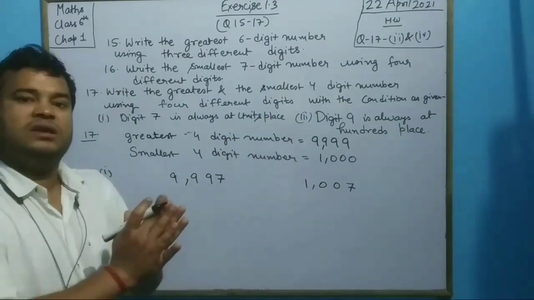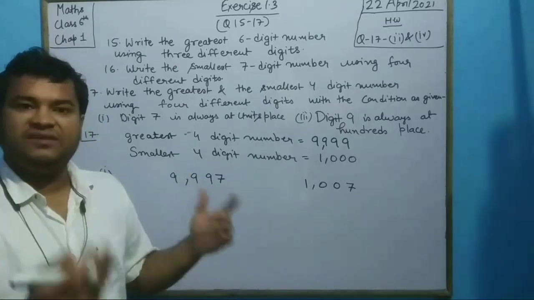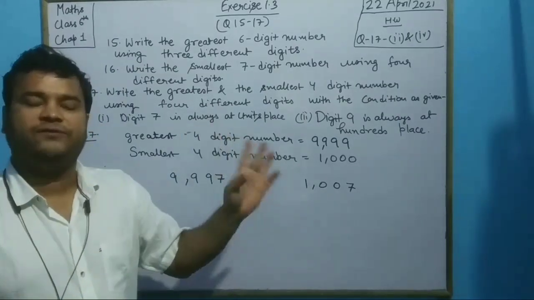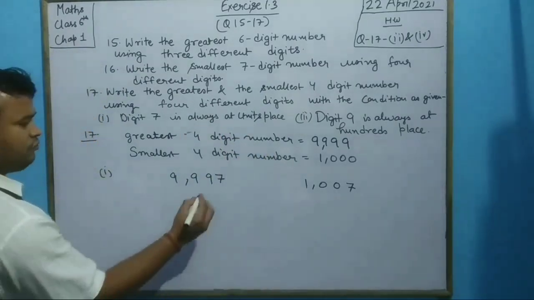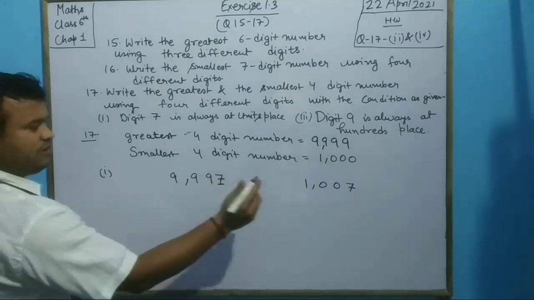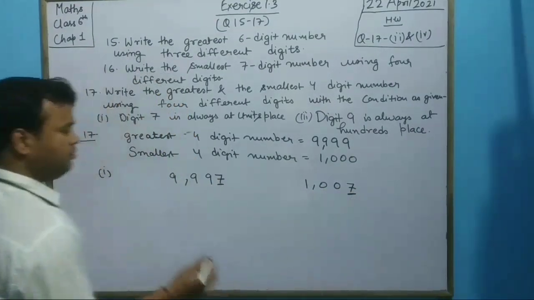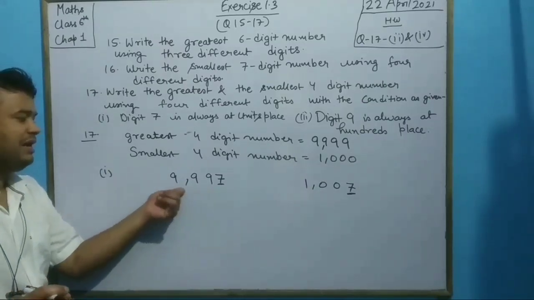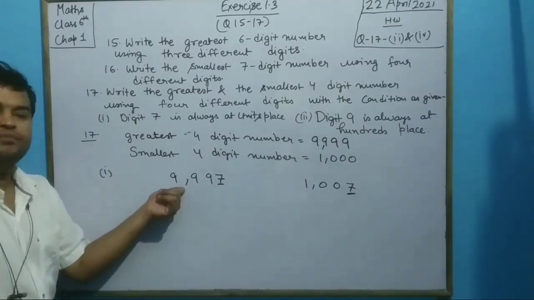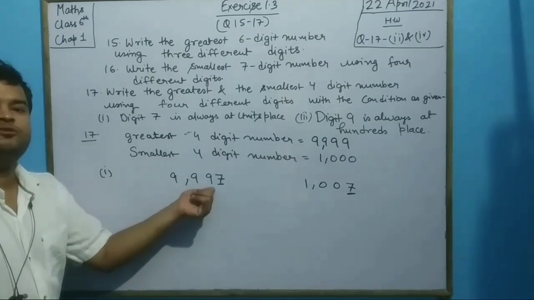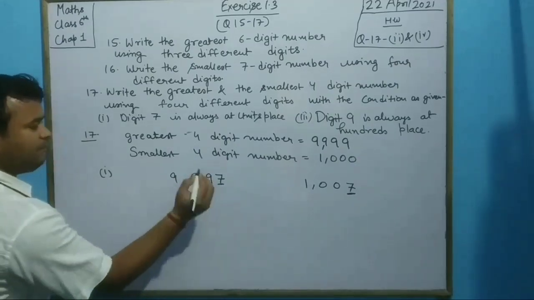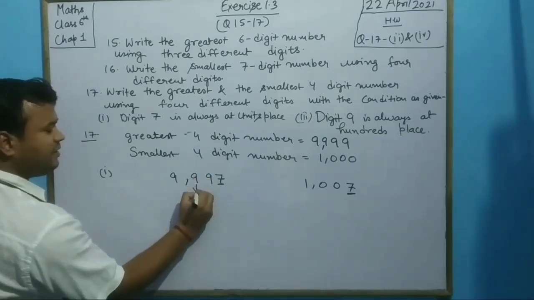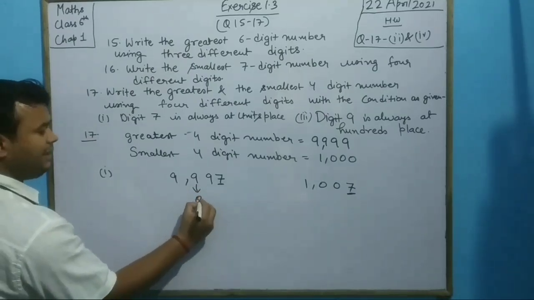Now let us replace all the rest of the digits so that there are 4 different digits. This is the fixed one, we cannot change 7. Now we have to make the greatest number and all the digits should be different. So replace this by 8.